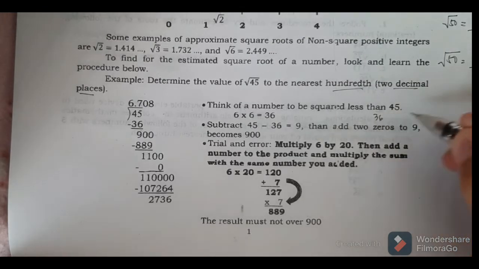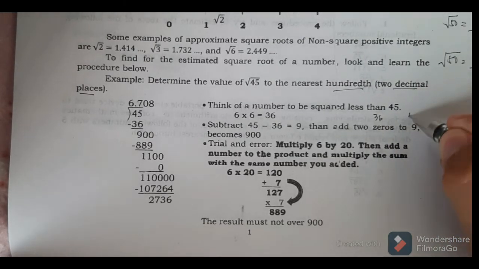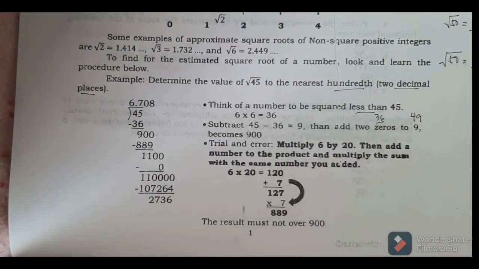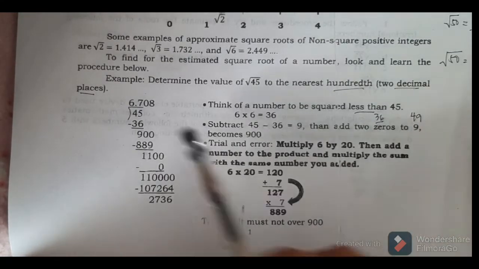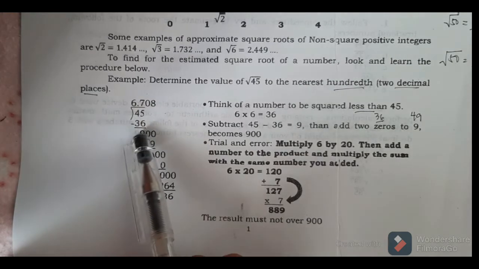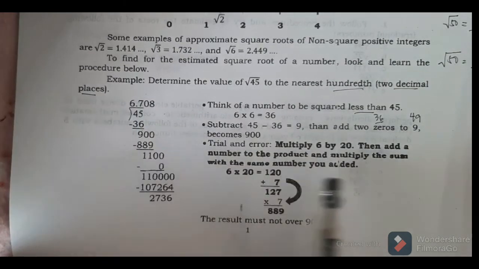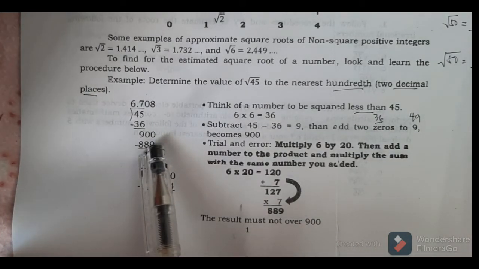That is 36, and 6 times 6, 36. Then, 7 times 7, 49. Eh, dapat less than. Pinakamababa sa 45. So, we choose 36. And the square root of 36 is 6. Okay. Then, let us multiply. 6 times 6 is 36. Then, subtract from 45, we get 9. Now, we're going to add 2 zeros to 9. Kaya siya naging 900.